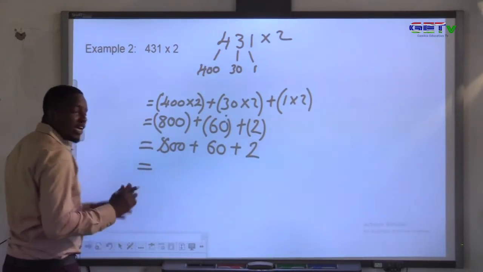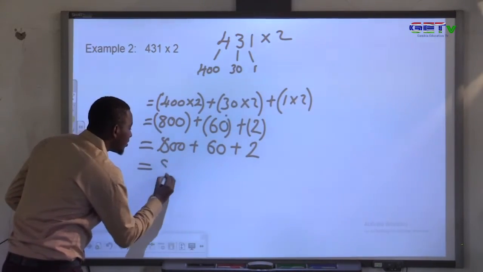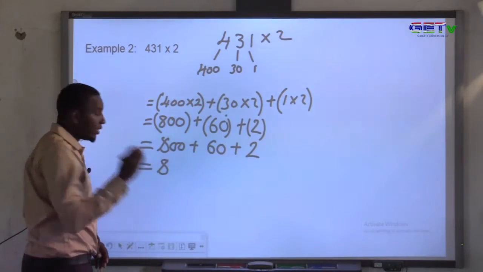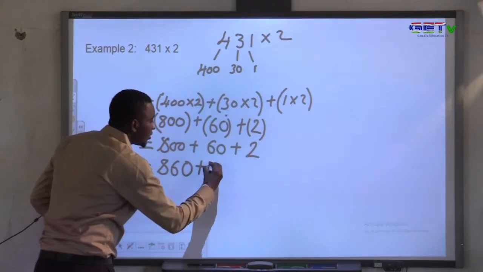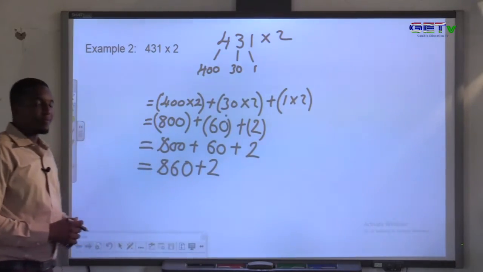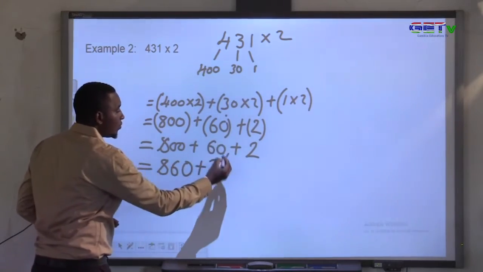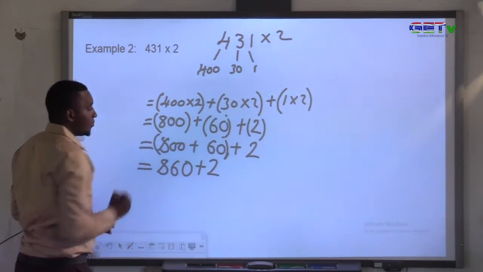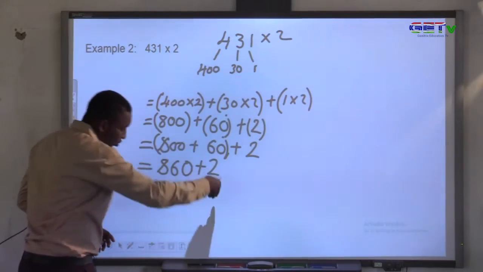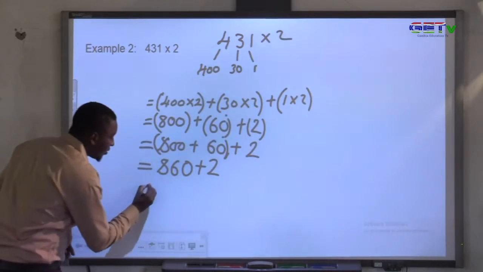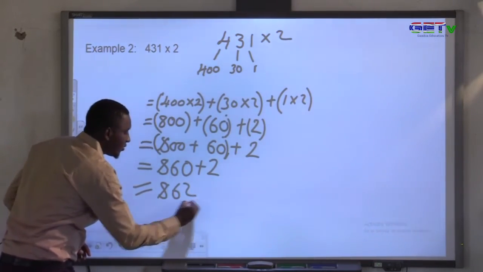We'll take our time and do the addition bit by bit. 800 plus 60 will give us 860, plus 2. So 860 plus 2 will simply give us 862.